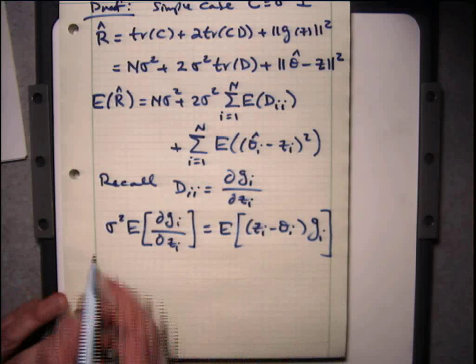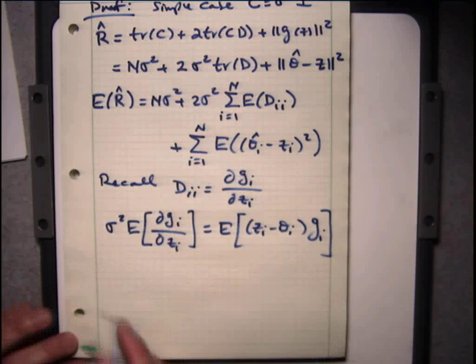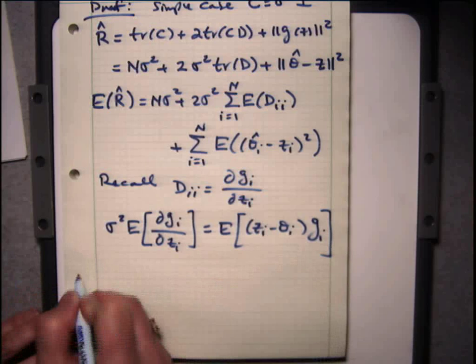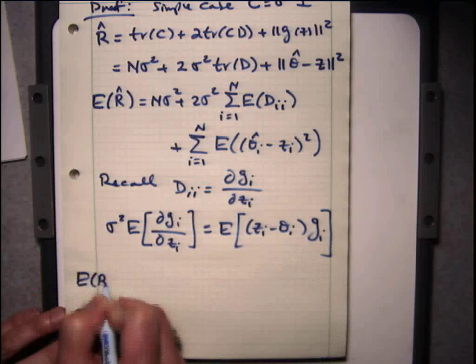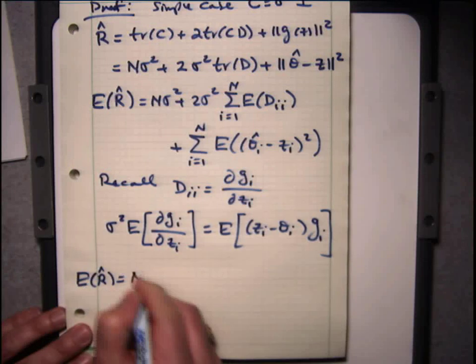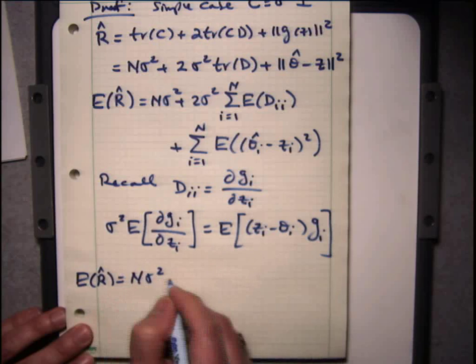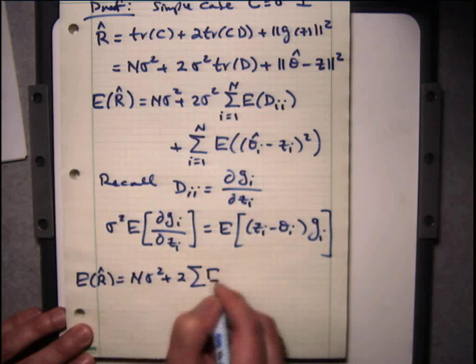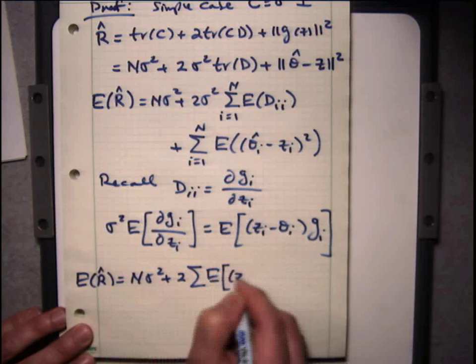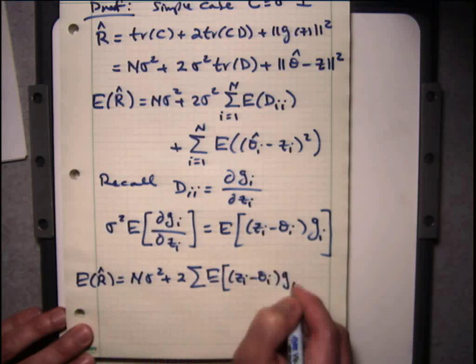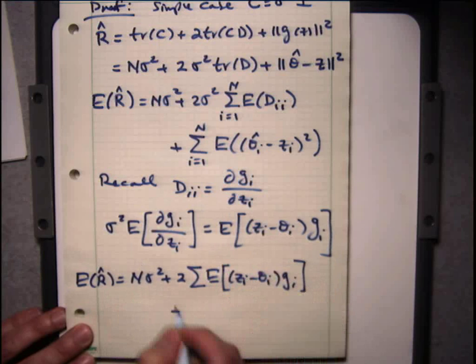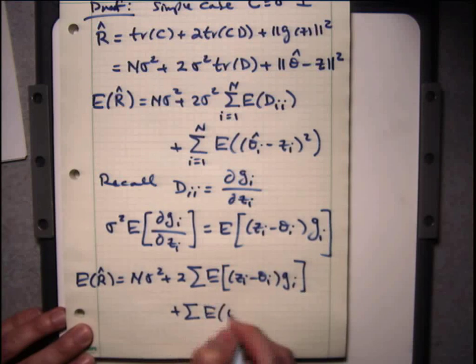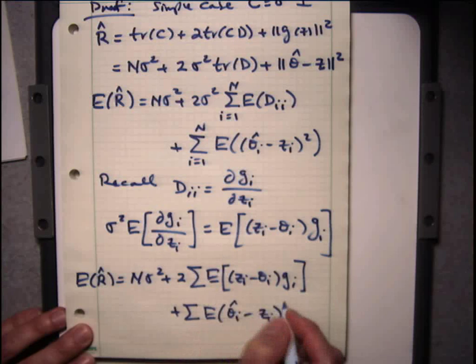And now I can use this property to rewrite the expected value of R hat as n sigma squared plus 2 times the sum of the expected value of (zi minus theta i) gi plus the sum of the expected value of (theta i hat minus zi) squared.